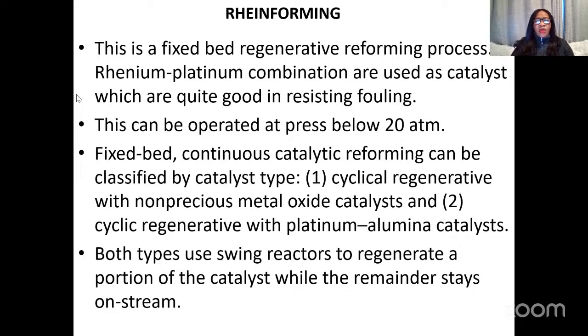When the catalyst is deactivated in the operating reactor, you swing to the other reactor and use it, while in the former one you reactivate the catalyst. So one will be operating and one will be ready, waiting for use after reactivation of catalyst.